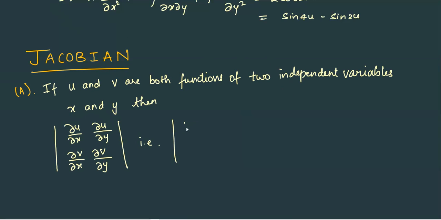In short, we write u_x, partial derivative of u with respect to x, partial derivative of u with respect to y, partial derivative of v with respect to x, partial derivative of v with respect to y. This is called the Jacobian.